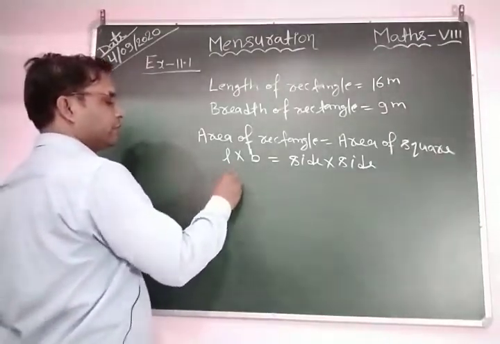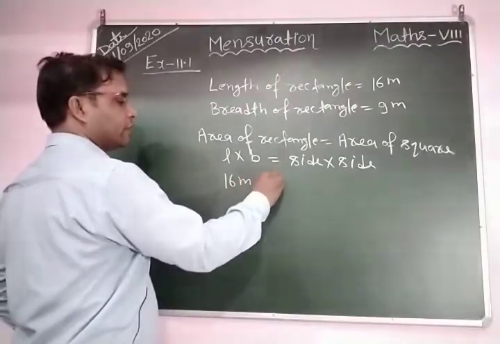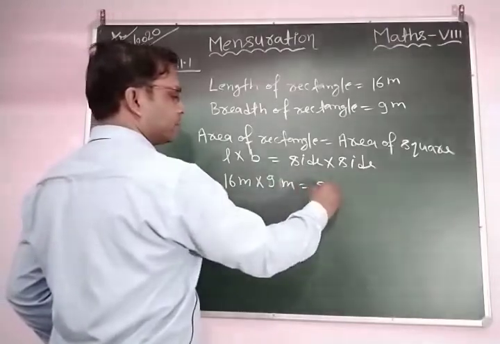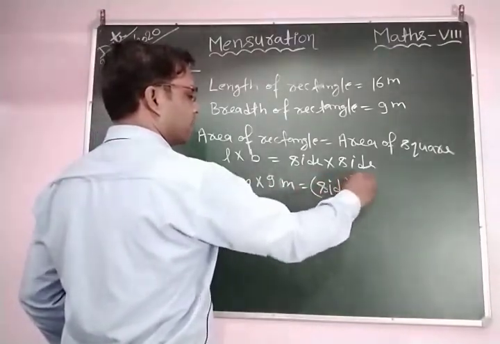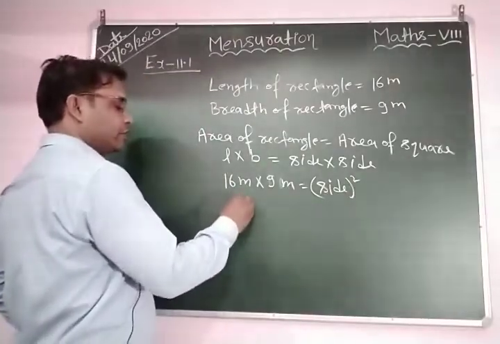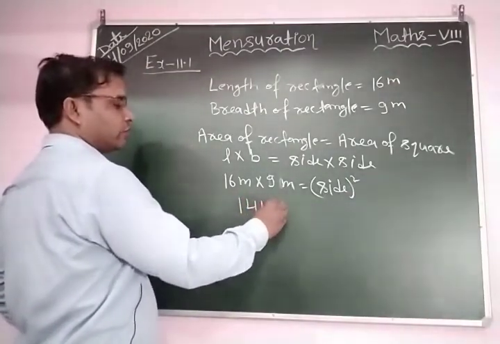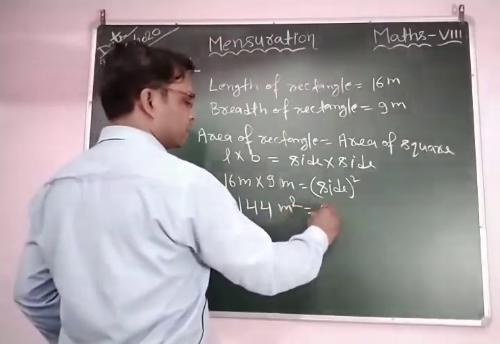Length is given as 16 meter, and the breadth is given as 9 meter. And this is equal to side squared. So 16 meter into 9 meter is equal to 144 meter square. This is the square of the side.